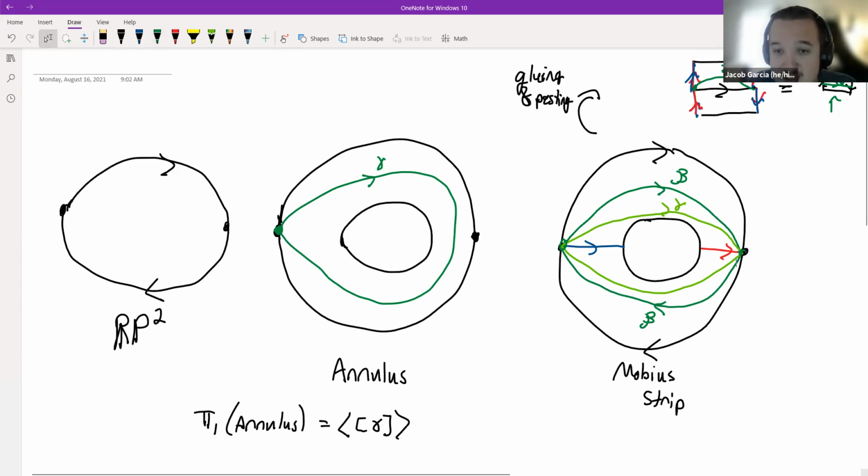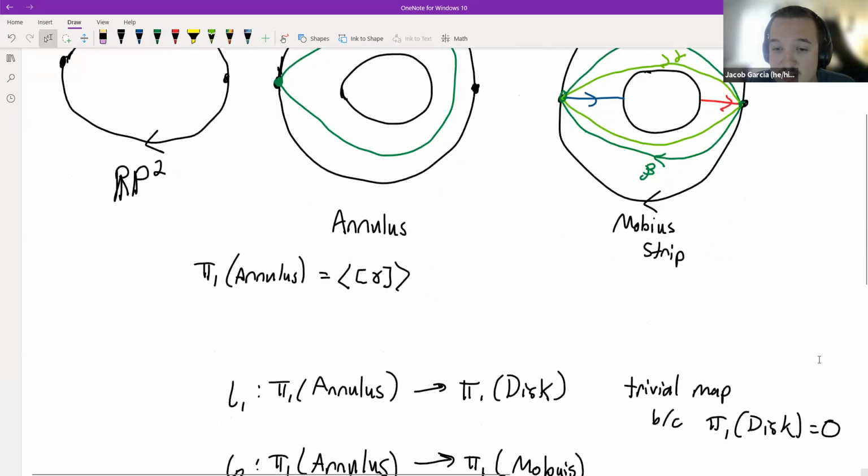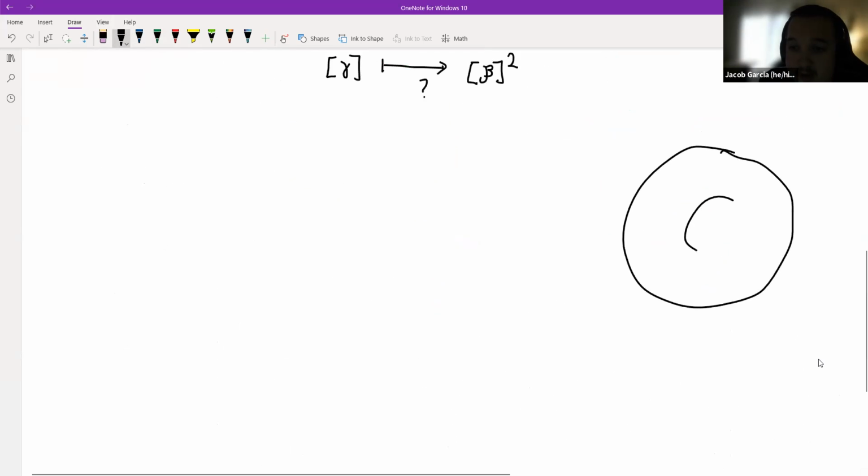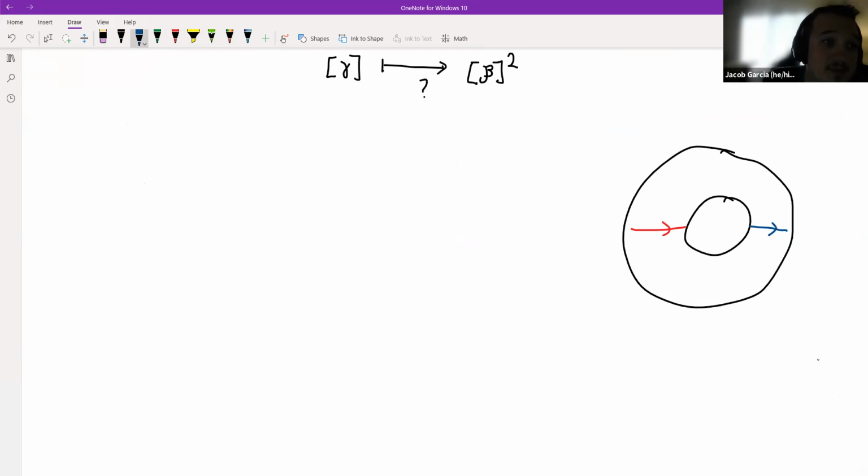Or another way to see this, if I try to do this in movie picture mode, I'll draw a new diagram here. So this will be the same. Here I have one copy of beta, which I'm going to leave down here.